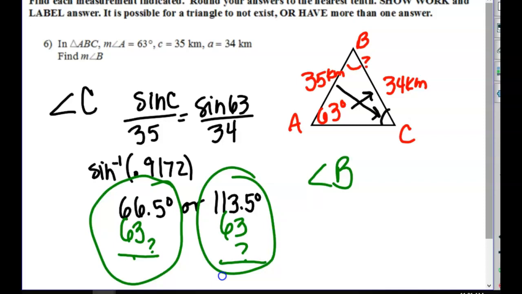Say that again? I understand, but you have to list it. Unfortunately, it is physically possible for it to be that. So B could be 50.5, I got from this one, or it could be 3.5.